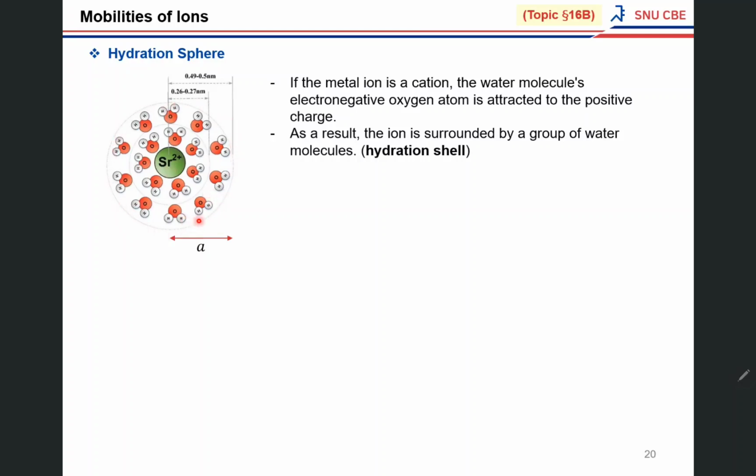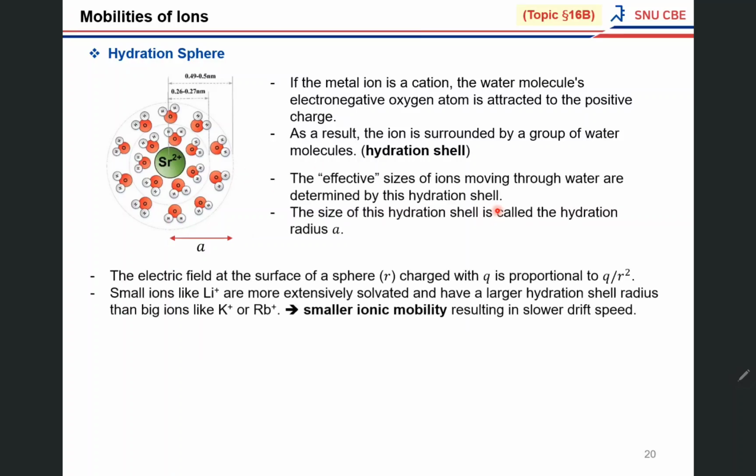So this makes the effective size of this cation inside the water larger. We call this group of water a hydration shell, and the hydration radius is the radius of this hydration shell.